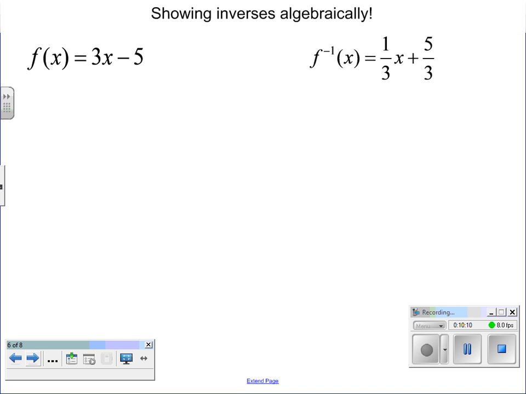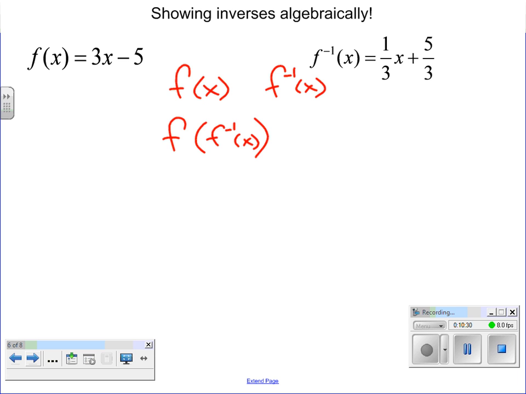How do we show that the inverses algebraically are the same? Well, if we go with this theory, f of x, how does that compare to f inverse of x? Well, if we nest one into the other, so if I say f of the inverse of x, this should yield x. Because what is this?